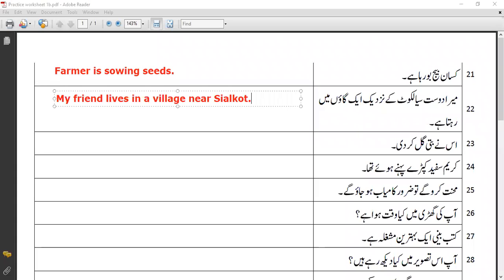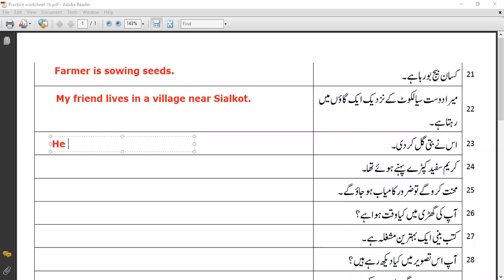उसने बत्ती गुल कर दी. तो उसने बत्ती गुल कर दी. Simple past. Now some students translate it as he closed the light. So you don't have to say closed.